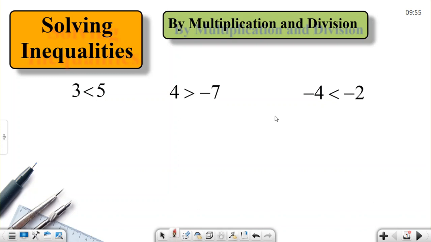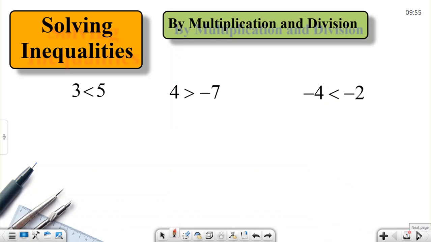I can try one more time: I will multiply both sides by negative 1. 4 and 2. 4 is greater than 2. You can try lots of negative and positive numbers and decide if the sign will change or not. You can stop the video and try it on the screen, no problem.